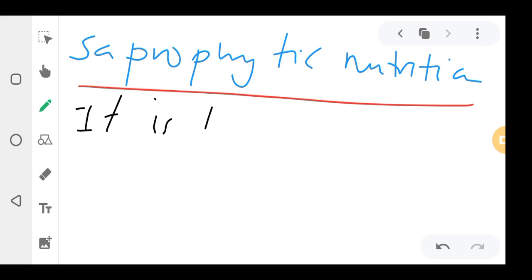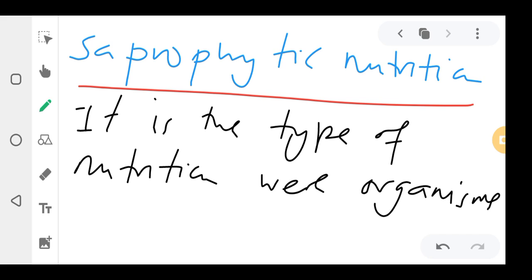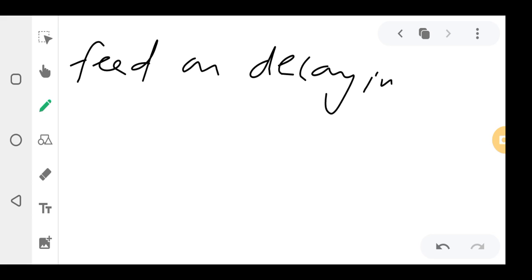This is the type of nutrition where organisms called saprophytes feed on decaying or dead matter.